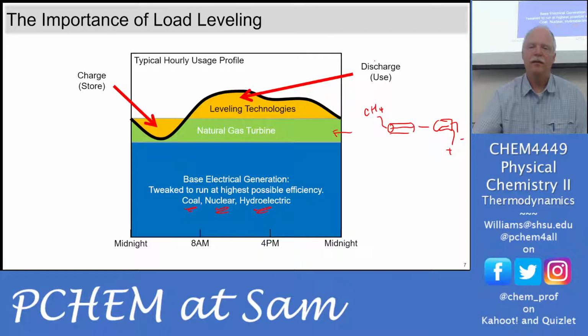And so we can use that natural gas turbine to level out this electrical demand. If we were trying to level with say coal-fired power plants, the demand would drop, and then there'd be a huge lag in turning down the coal-fired power plant output. And so that's the part right here. This electricity just gets thrown away in some form.